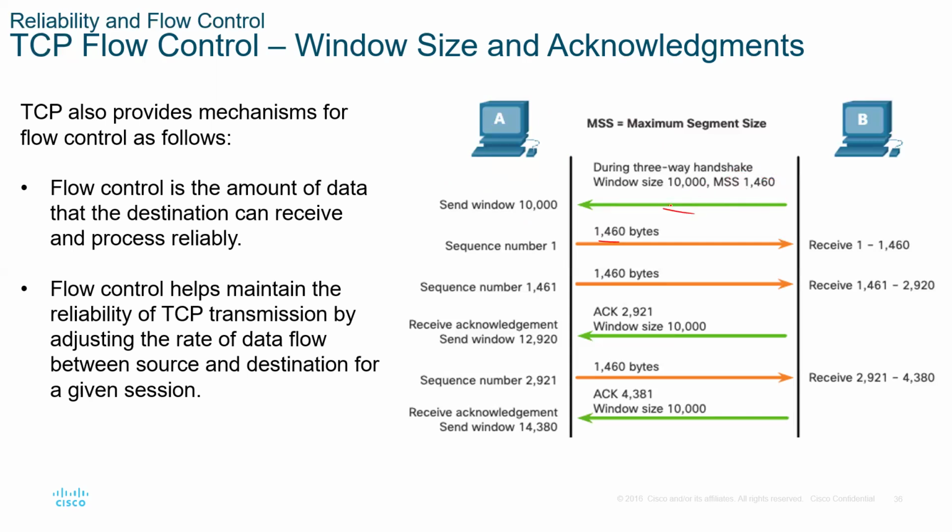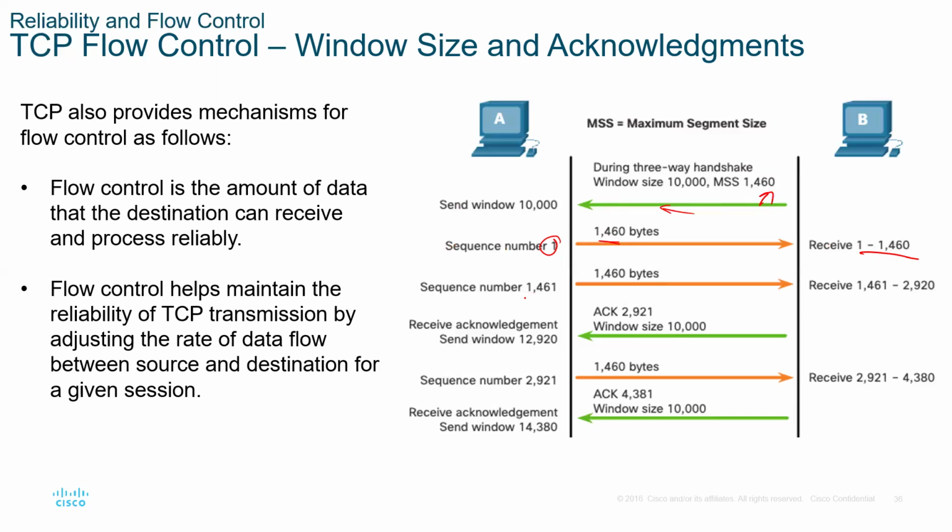Notice here we added 10,000. It means starting with sequence number 1, I can send 1460 bytes, which is the maximum segment size. Our receiver will receive the first 1460.